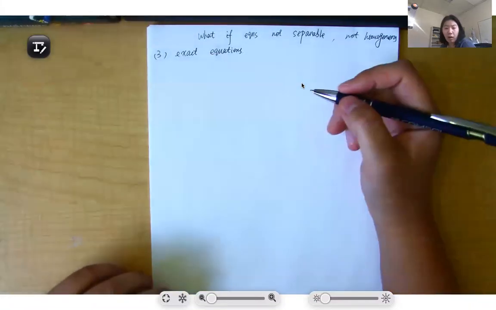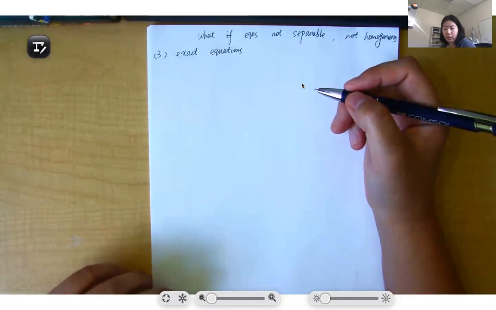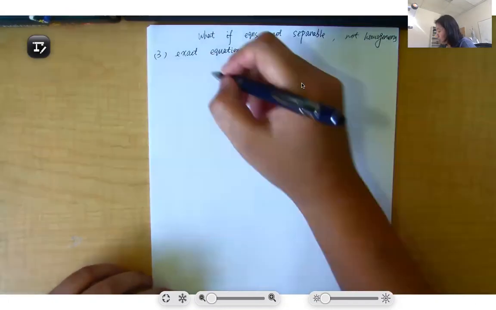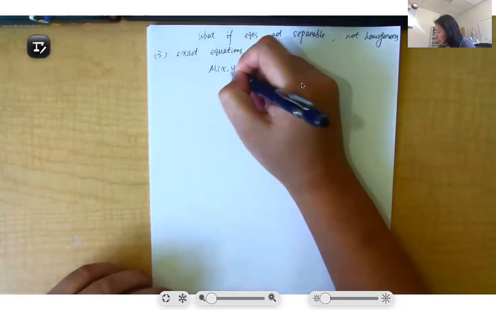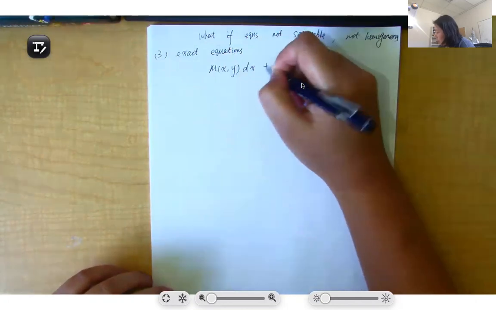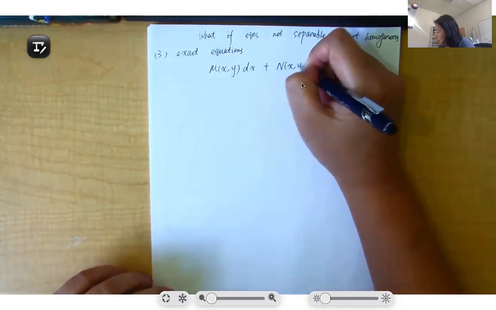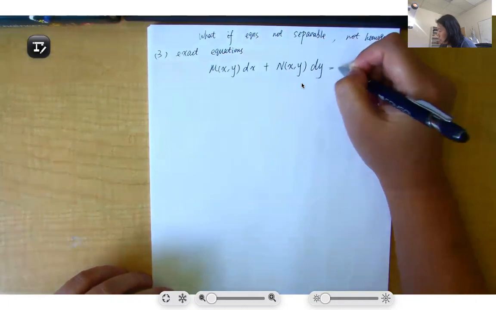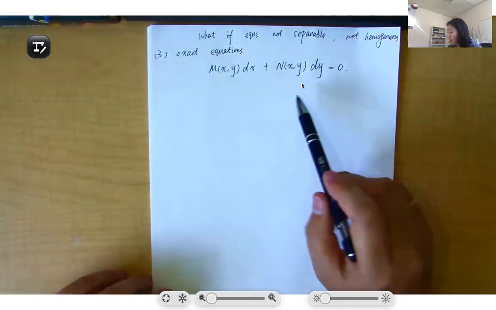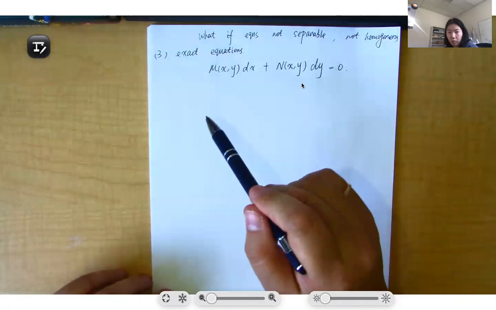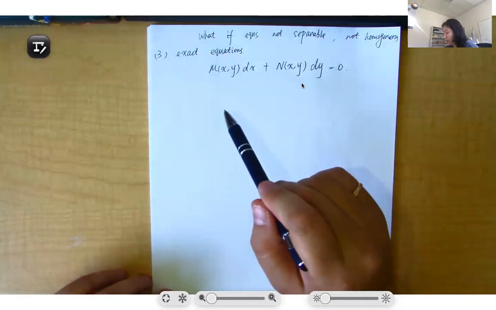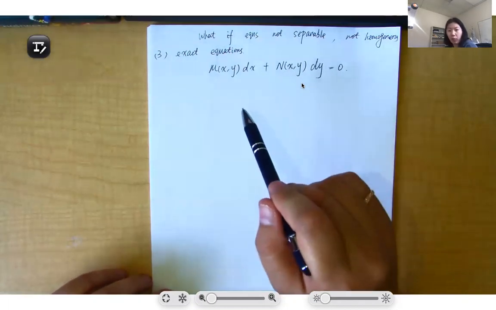We will write the ordinary differential equation in the standard form, which is M(x,y) dx plus N(x,y) dy equals 0. If the left-hand side is a total differential of u, then we say this equation is an exact equation.